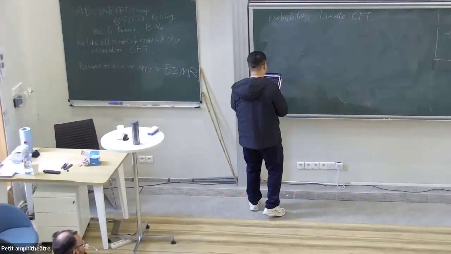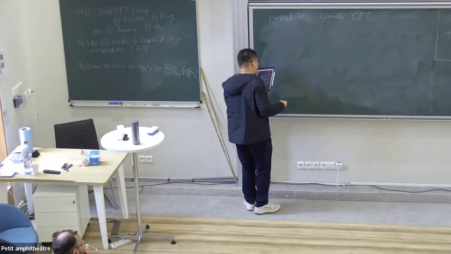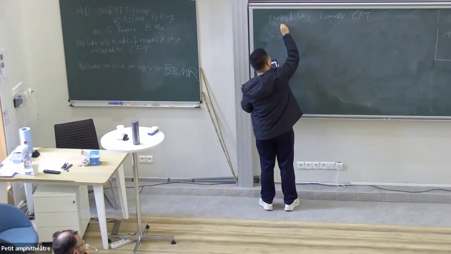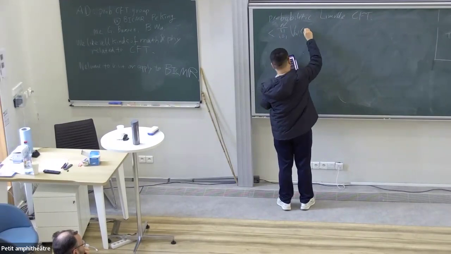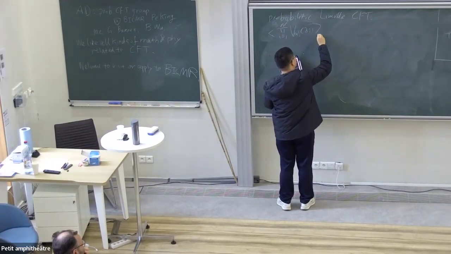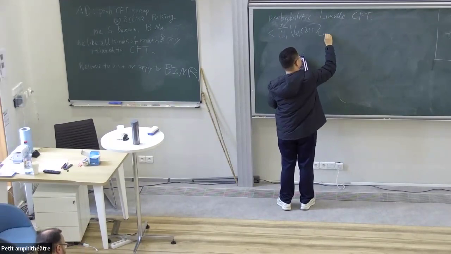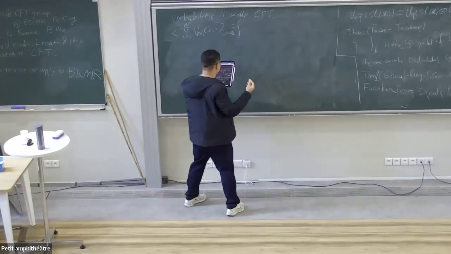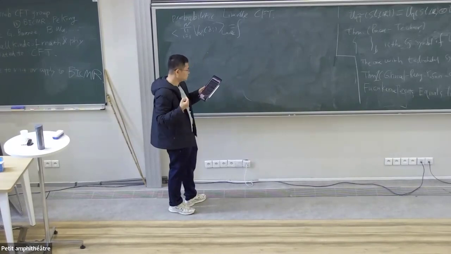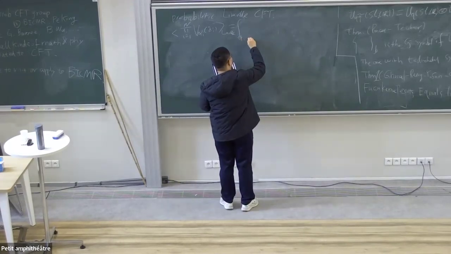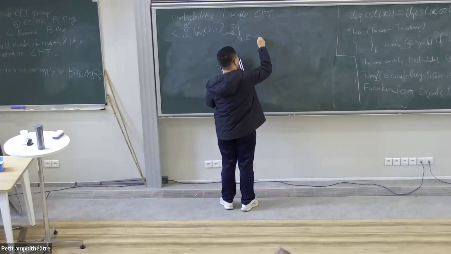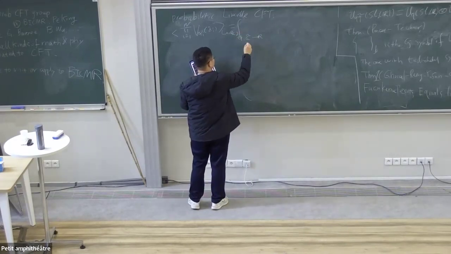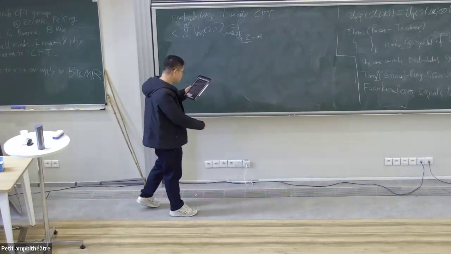Formally, the Liouville CFT is defined by the following path integral. So this is the correlation function. This is given by this integral. I'm talking about this correlation function on the sphere. A priori it would depend on a metric on this sphere. So g is a metric on this sphere.